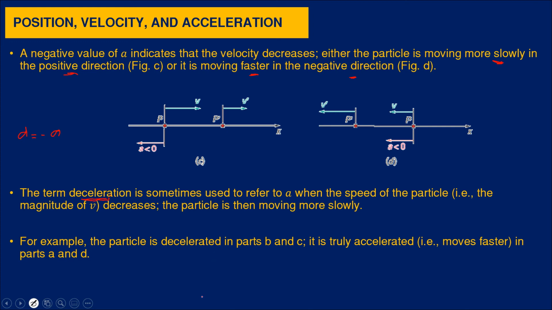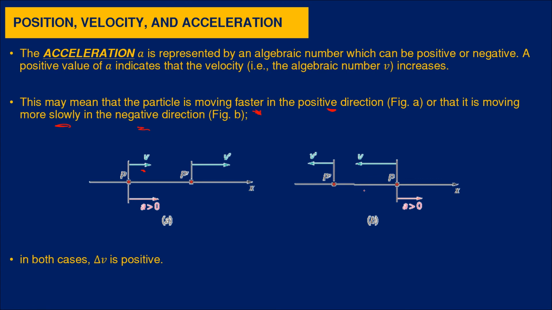Let's check B. Here it is going to the left, and the arrow gets smaller, which means it decelerated. But not all the time is deceleration a negative acceleration.